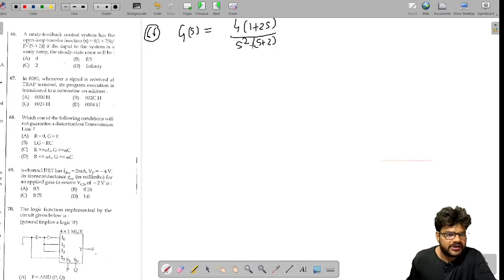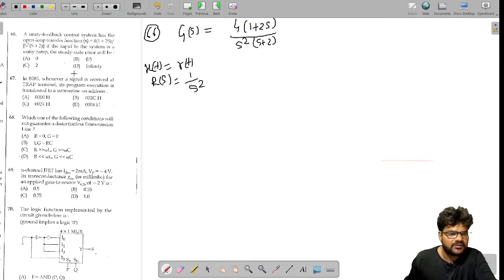If the input to the system is a unit ramp, so r(t) is a unit ramp, then R(s) we can write is 1 by s square.